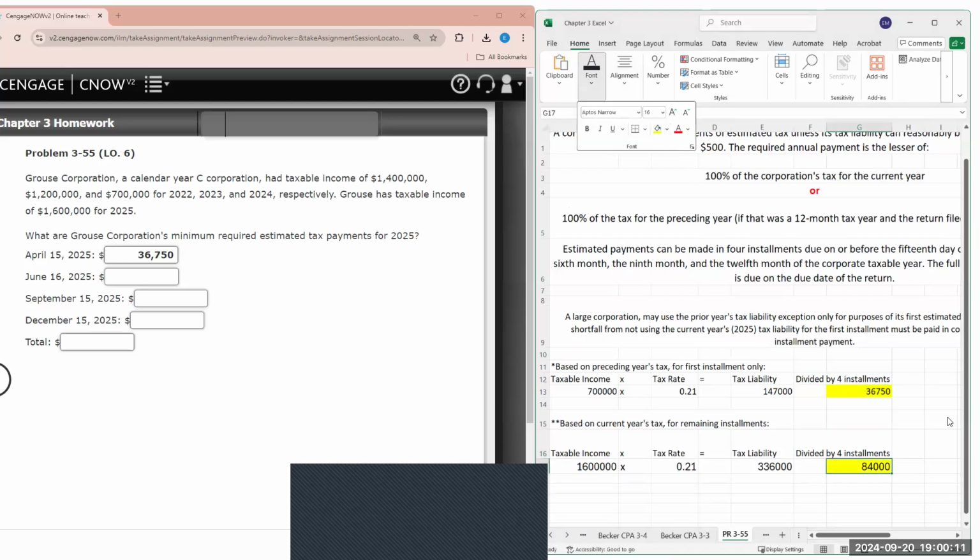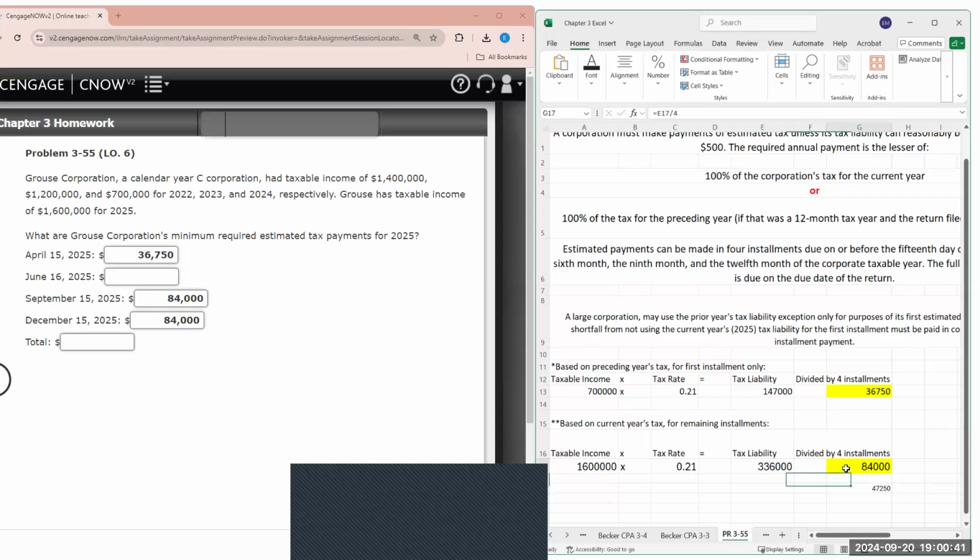All right, so again, we need to account. We know that for December 15th, it is going to be 84,000. And then for September 15th, 84,000. But now for the second quarter, we need to account for the 84,000, and then we also need to account for the shortfall. So the shortfall for the second period would essentially be the 84,000 minus the 36,750.